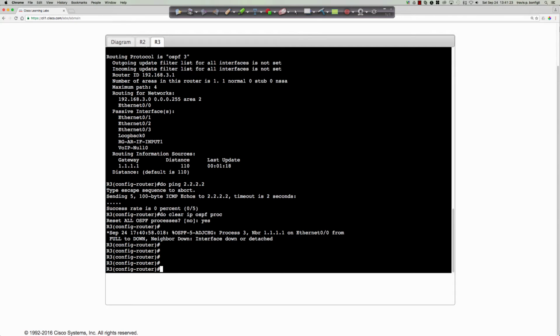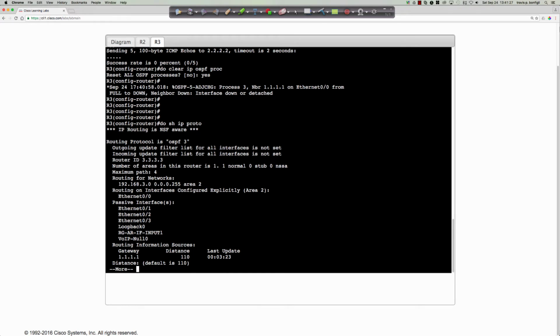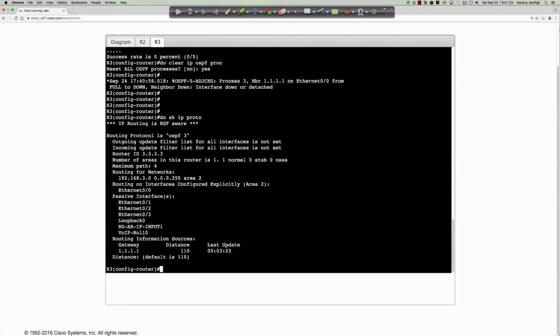It's changed. So if we come back and say do show IP protocols, what we see now is the router ID is 3.3.3.3. And so that's how you would change the router ID value on a router.